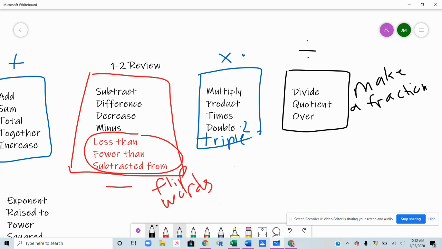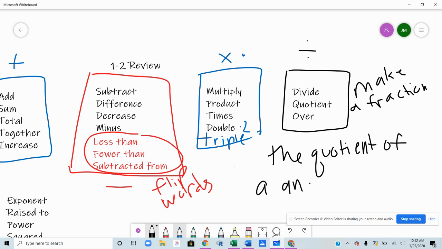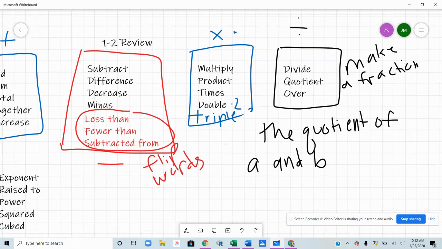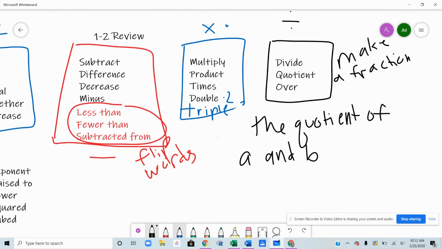It might say, let's see, the quotient of A and B. So you would write that as a fraction, A fraction bar B. That's how you could do it in your IXL. Okay, it's division.